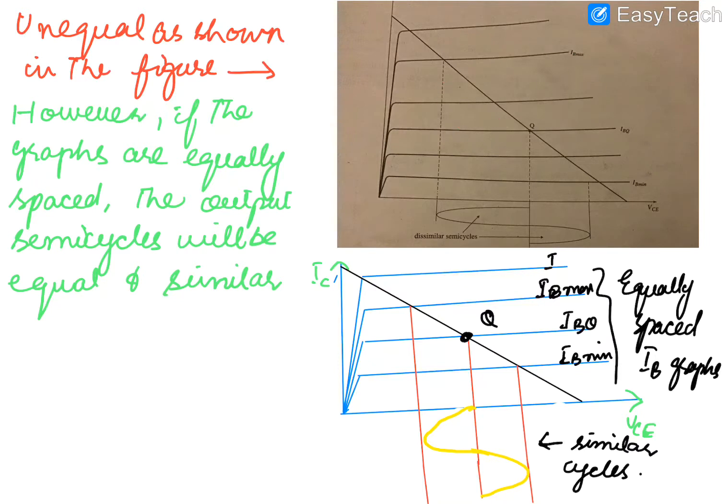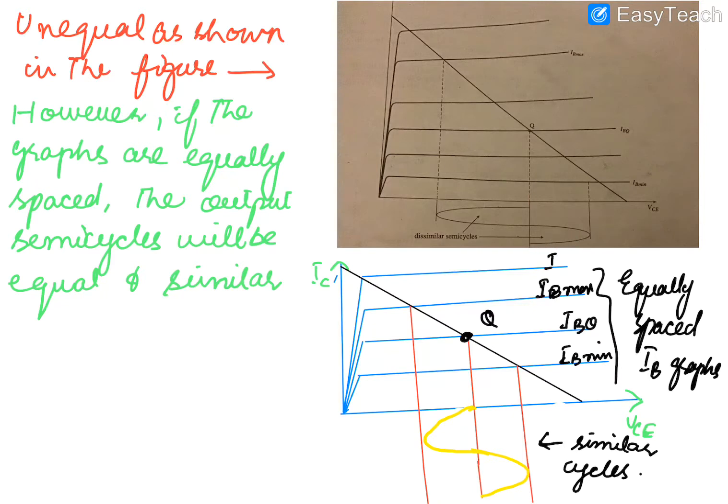Suppose the Q point is almost in the middle of the active region. This is IB minimum and this is IB maximum. We will draw two lines across these current values and draw the output swing of the AC waveform.